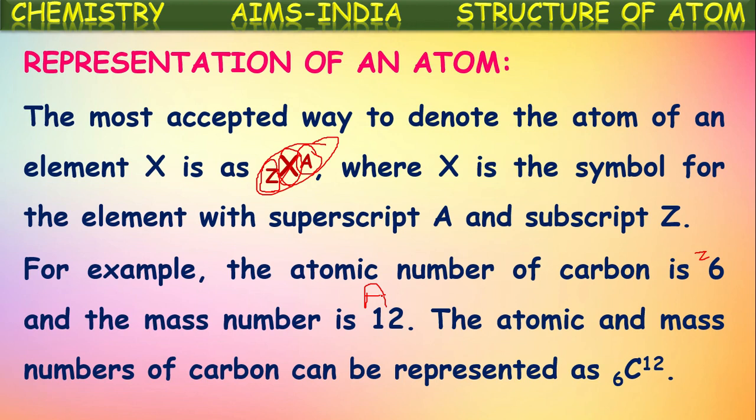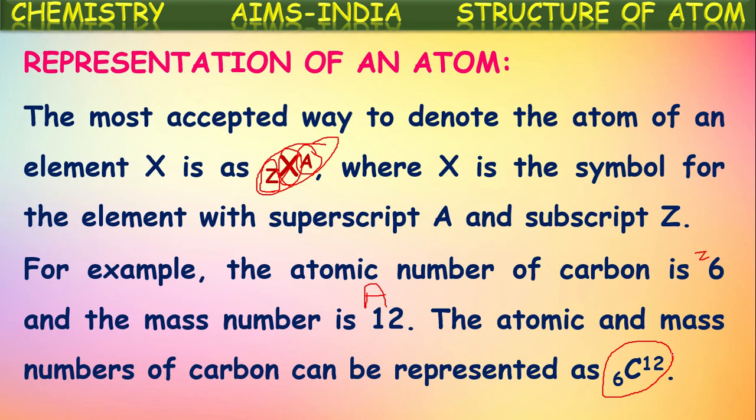We know the symbol of carbon is C. First the symbol of the element is written, and at the front bottom, the subscript position, its atomic number 6 is represented, and at the right top in the superscript position beside the symbol, its mass number 12 is represented. Now it is a symbolic representation of carbon along with its mass number and atomic number.